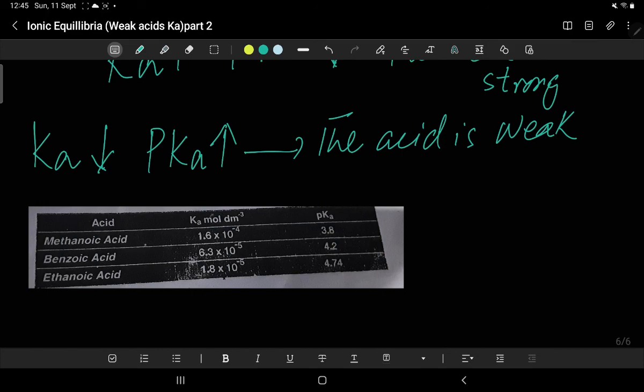So the lowest pKa value is 3.8. It means methanoic acid is a stronger acid than benzoic acid and then ethanoic acid. So the larger the pKa, the weaker the acid is, and the lower the pKa, the stronger the acid is. So these are the two values which are reversed.